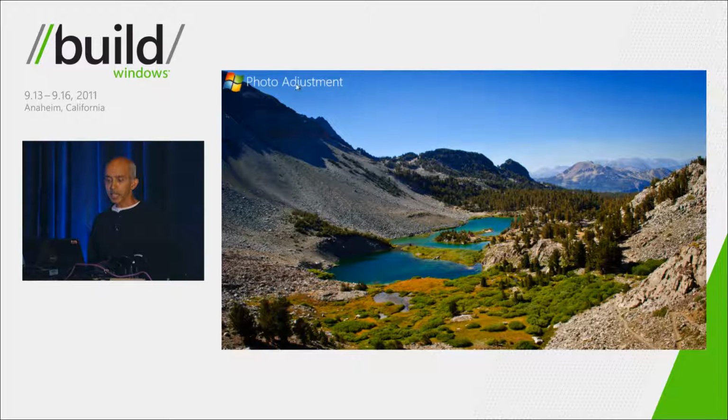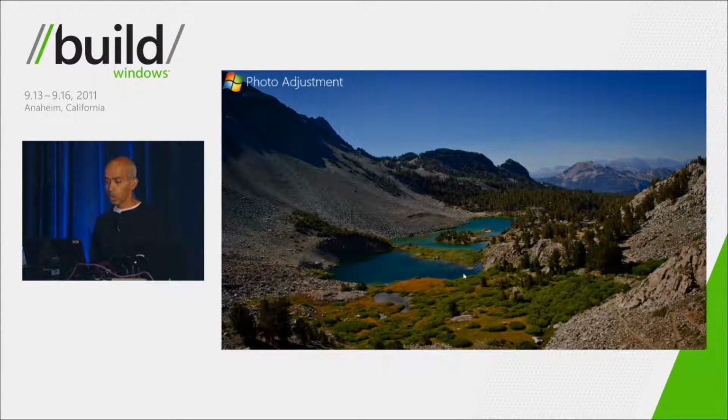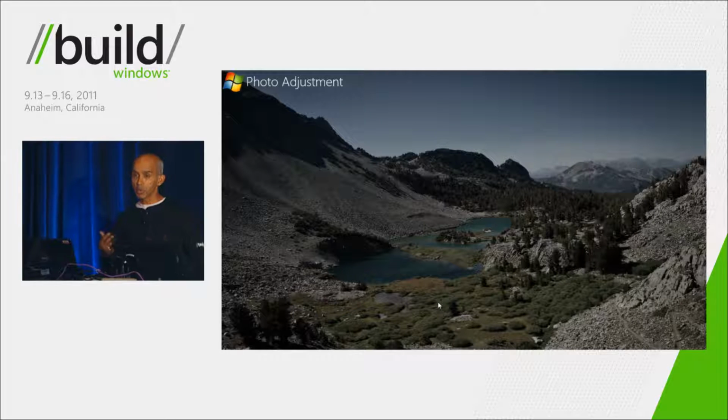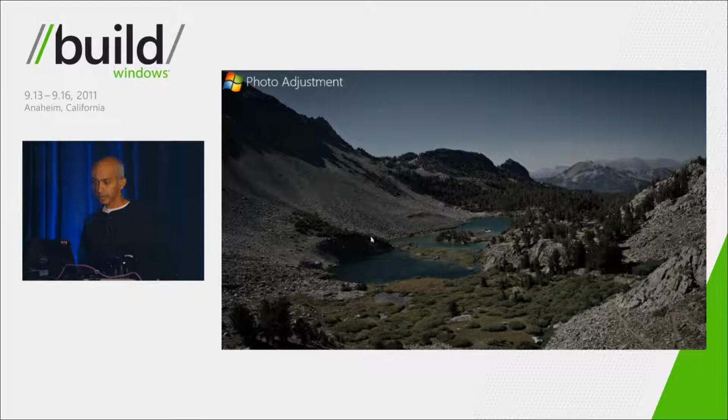I can also apply other effects here. So for example, I can move my mouse horizontally to adjust the brightness, or move it vertically and adjust the saturation here. Notice how the application is able to track my mouse movement and apply the effect dynamically.